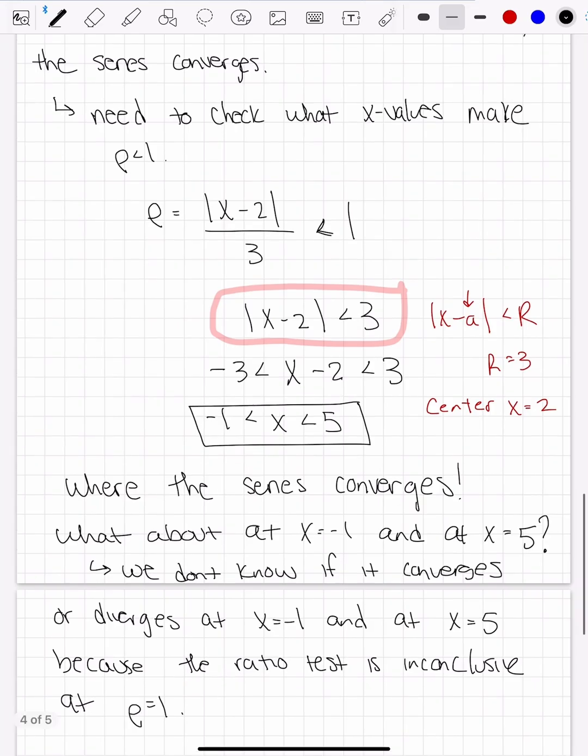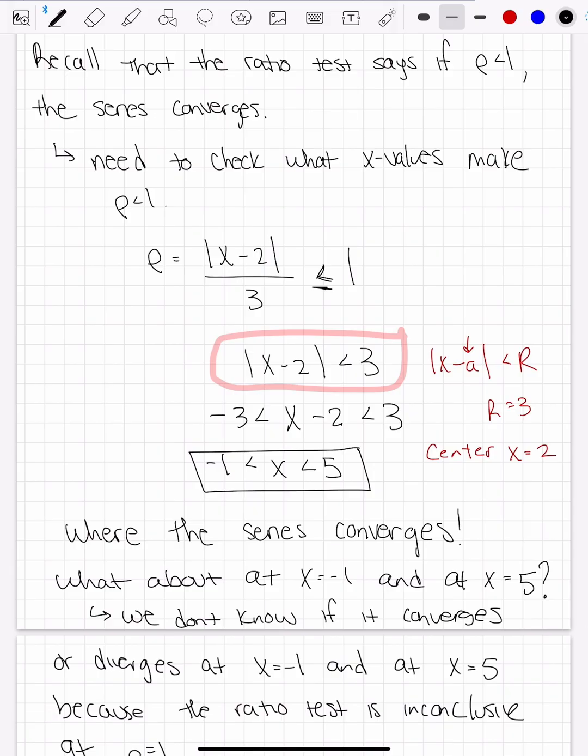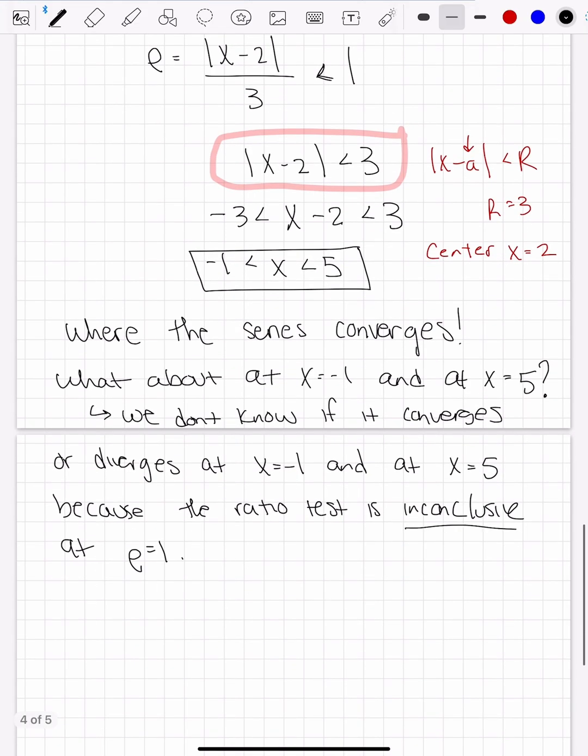And what does that mean? That means that we couldn't just add an equal sign to all of this. Adding that equal sign, we don't know if we can add it yet because the ratio test is inconclusive for that part.